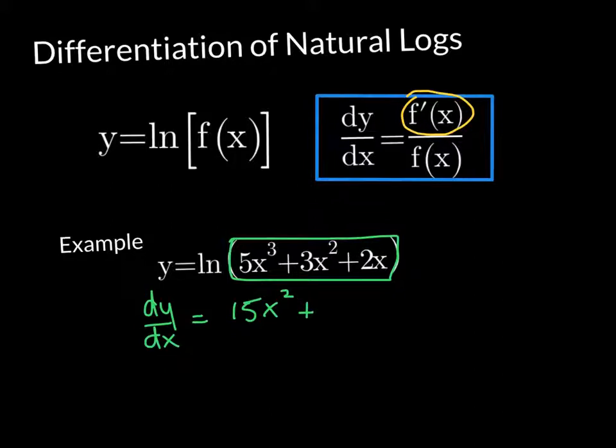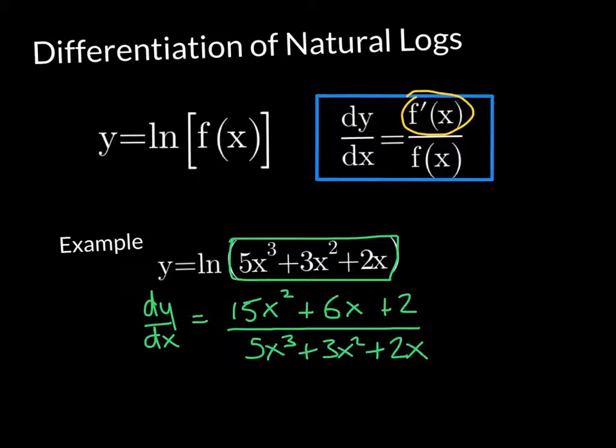We have 3 times 2 gives us 6, and then the x squared just becomes x, and then 2x just becomes 2. And we can then divide through by 5x cubed plus 3x squared plus 2x. And that is our final answer for that problem.